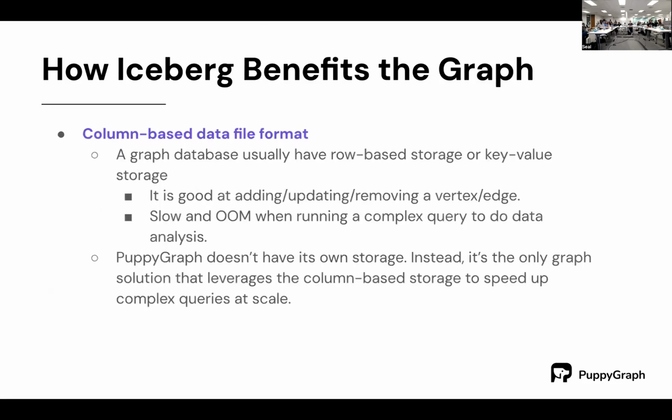Another benefit is the column-based data file format. Because graph databases have to be row-based, since they need to add, update, or remove vertices or edges and make it transactional and support ACID. But then the problem is if you have 100 attributes for vertices or edges, you need to load all the attributes into memory, even if it's a home address or picture.